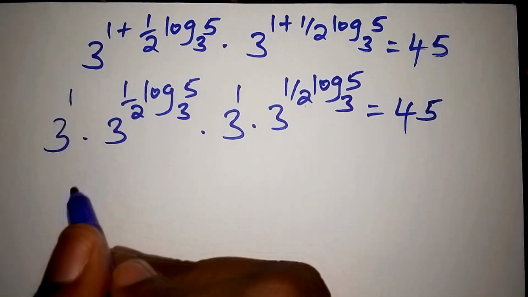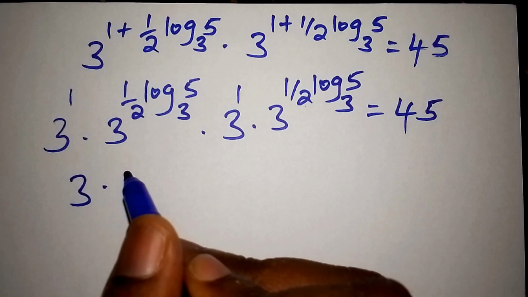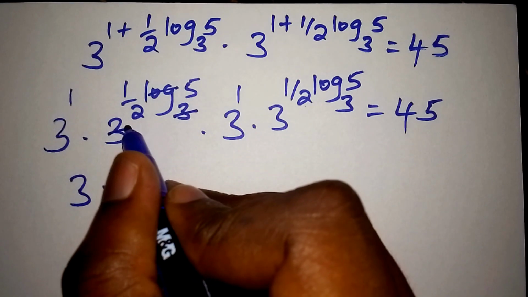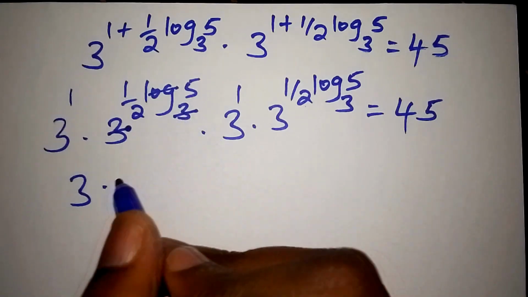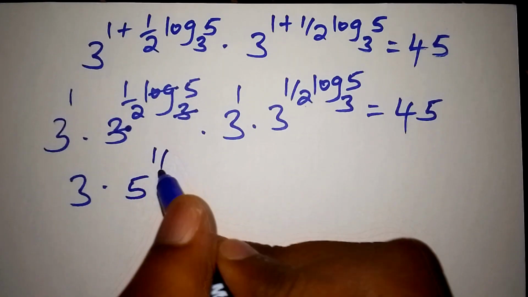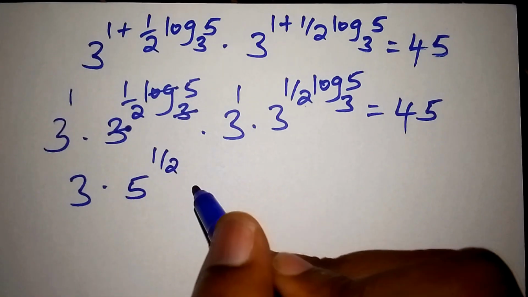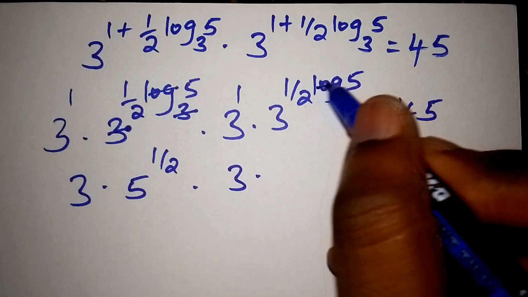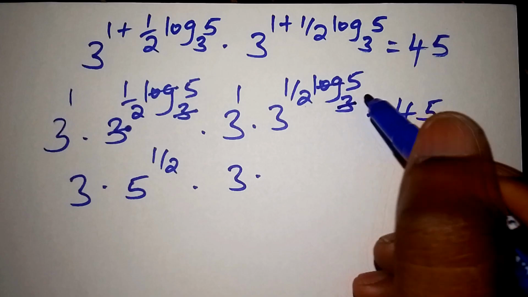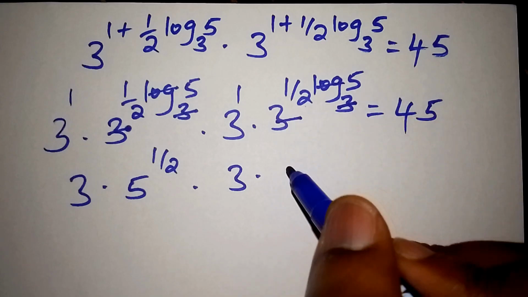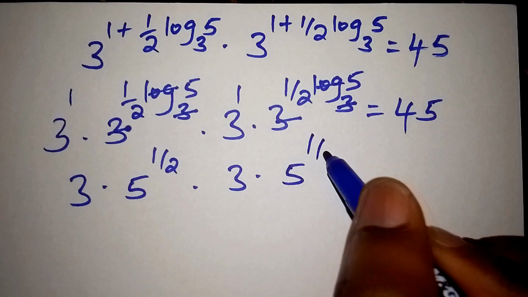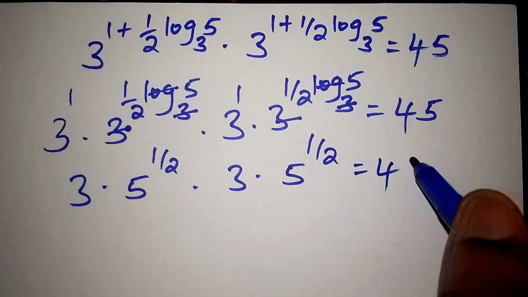So 3 to the power of 1 is 3, multiplied by, so here now when you have the log to the base of 3 shall cancel with this 3. So now we shall have 5 to the power of a half, then also multiply by 3 to the power of 1 is 3, then multiply by the log to the base of 3 shall cancel with 3. Now we shall have 5 to the power of a half is equals to 45.